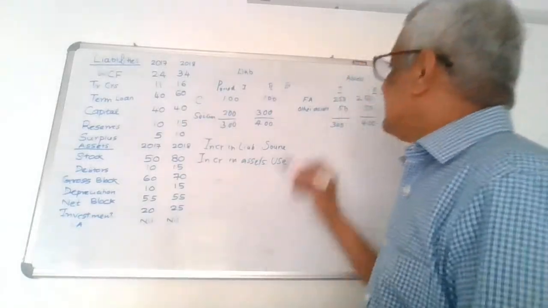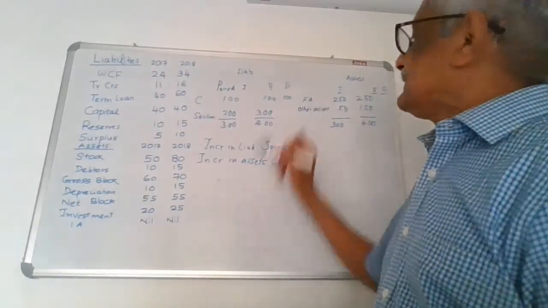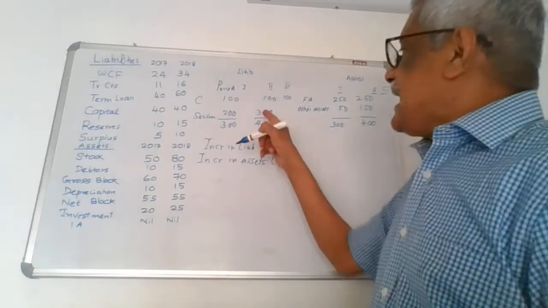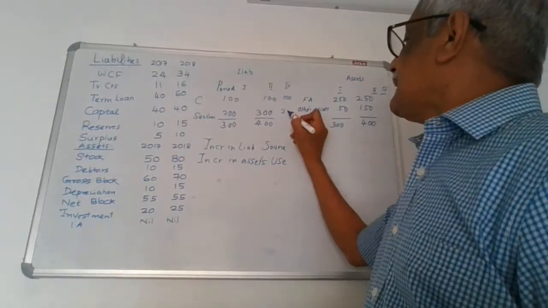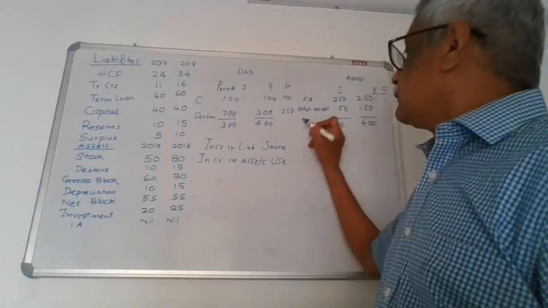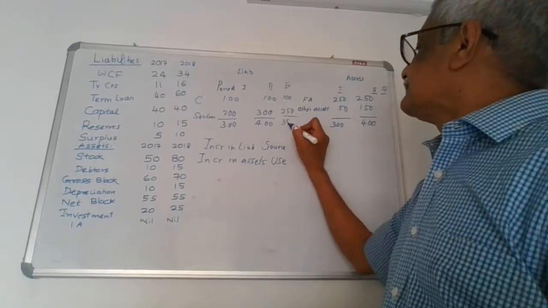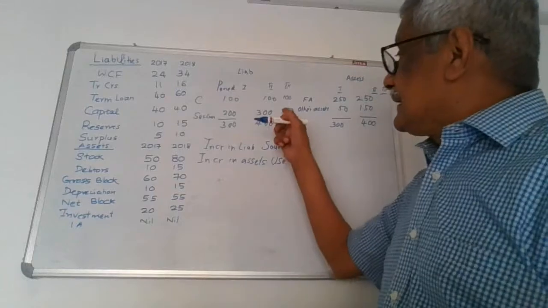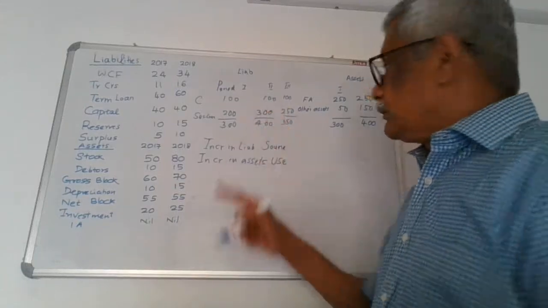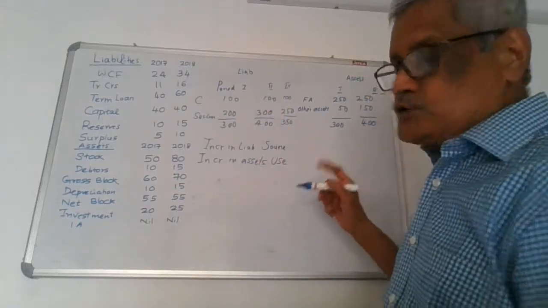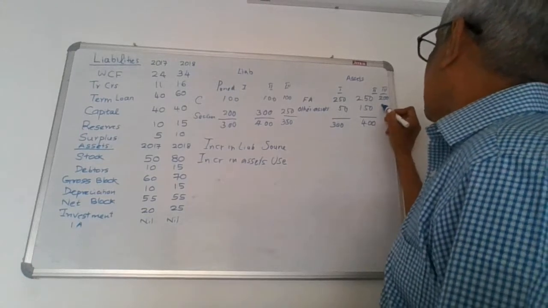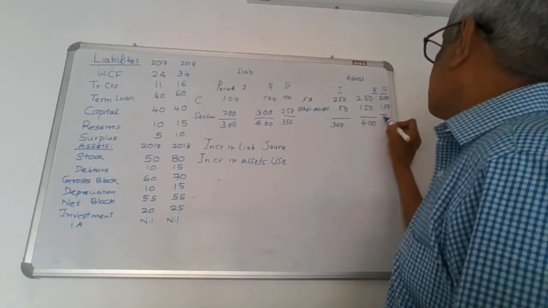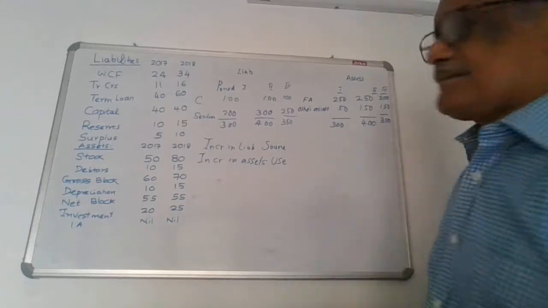Now let us think of period 3. During period 3, my capital remaining the same, I repaid 50. So my secured loan has come down to 250. How did I reduce the secured loan? I have sold fixed assets worth 50. Now this has become 350.